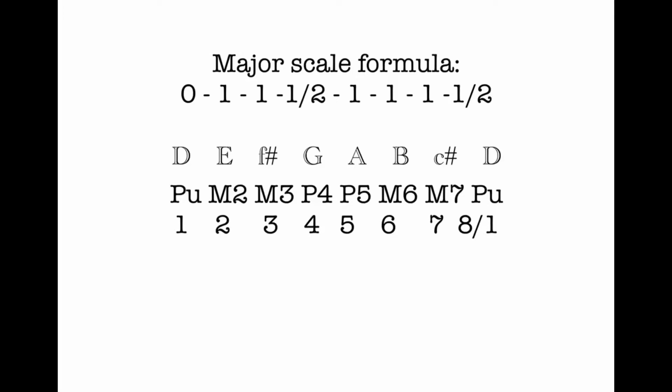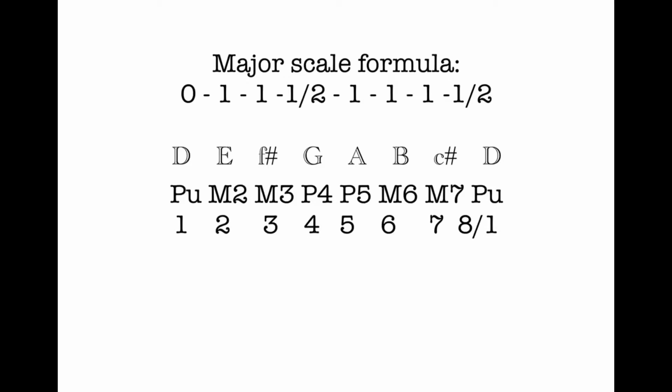Alright, so here we've got our major scale formula where 0 is the note of the key that we want to be in, so in this case D, and then whole step, half step, whole step, half step. Then we get D, E, F sharp, G, A, B, C sharp, D. What you end up with in any and all major scales are the perfect and major intervals.